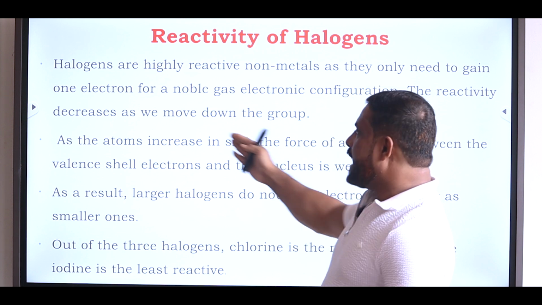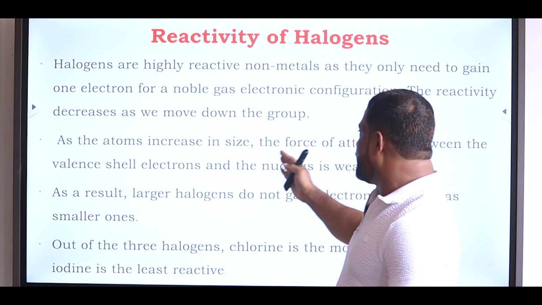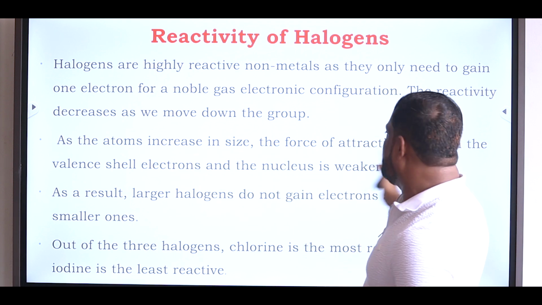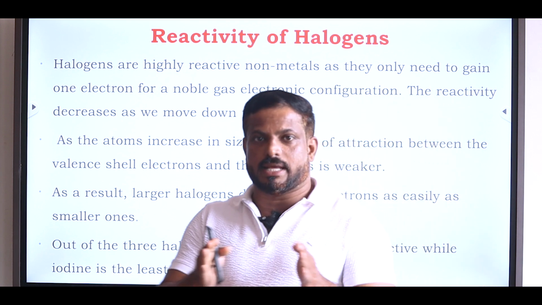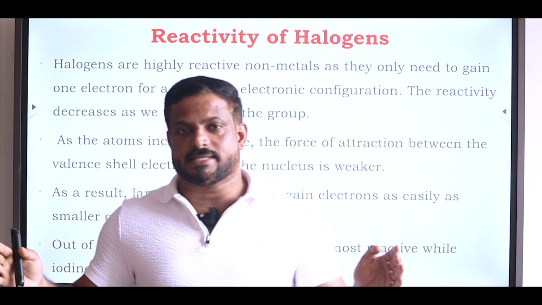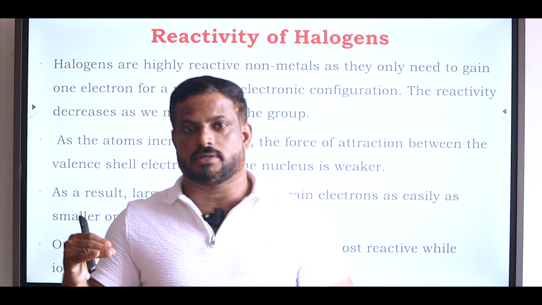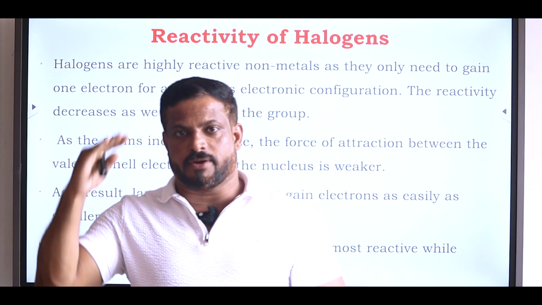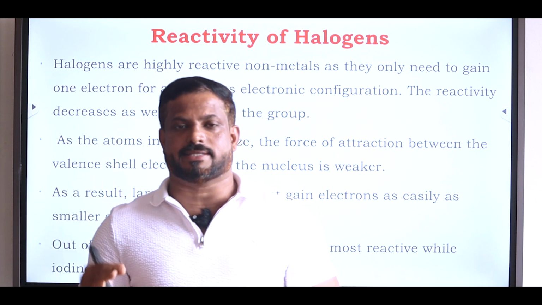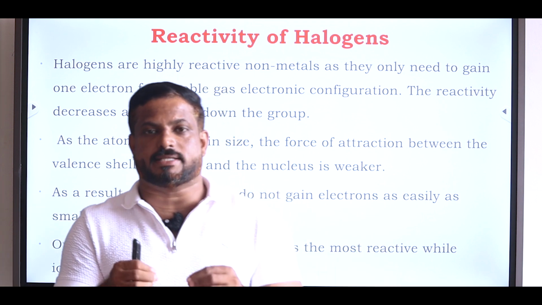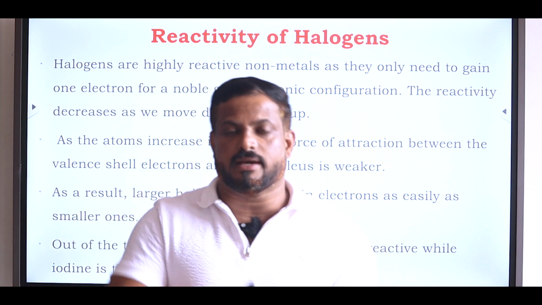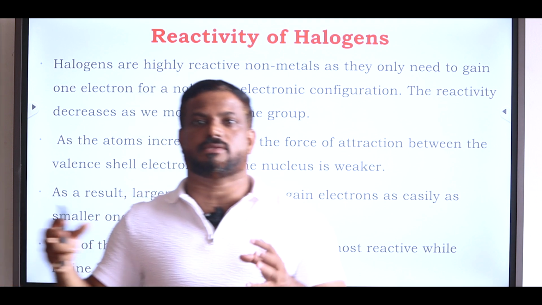What is the reason? As the atoms increase in size, the force of attraction between the valence electrons and the nucleus is weaker, because the number of shells increases gradually as we go from top to bottom, from fluorine, chlorine, bromine, iodine and astatine. The effective nuclear charge between the center and the valence shell is weaker.